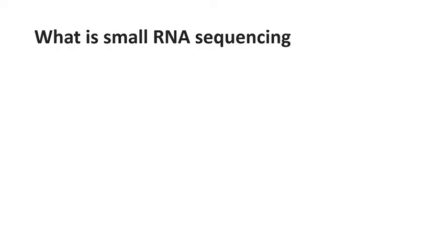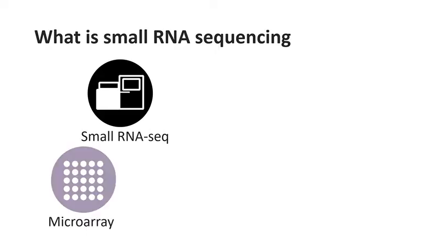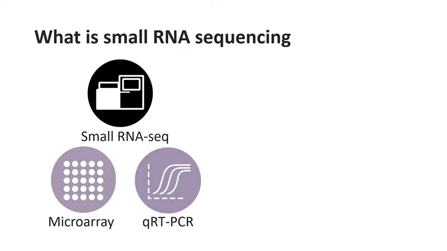So what I did in that presentation is, remember I have small RNA sequencing in the topic. So I started with what is small RNA sequencing. I said small RNA sequencing is a powerful tool in characterizing microRNA expression. Compared to traditional methods like microarray or qRT-PCR, in which you need to use pre-selected microRNAs, in small RNA sequencing you don't have to pre-select your microRNA, and this method is even more specific and more sensitive.